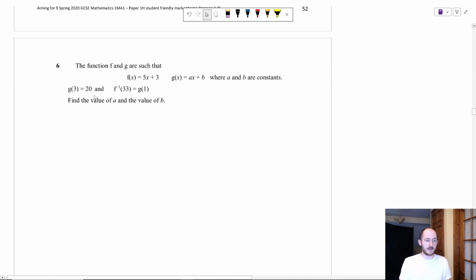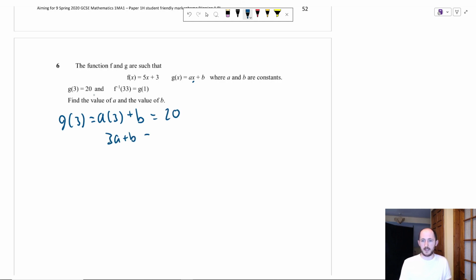So, let's sub this in. So, g of 3 would equal a times 3, because remember we're replacing x with 3, plus b, and that should equal 20. So from there I get 3a plus b equals 20. That's my first equation. And I can't do anything else yet, so I'm not going to do anything else.